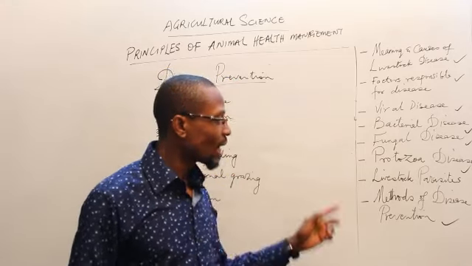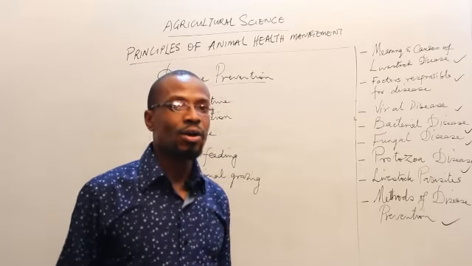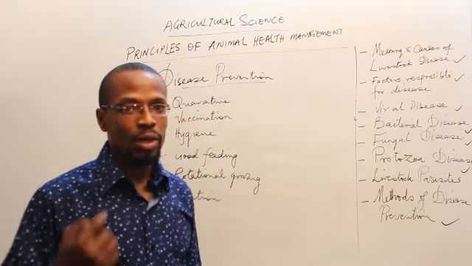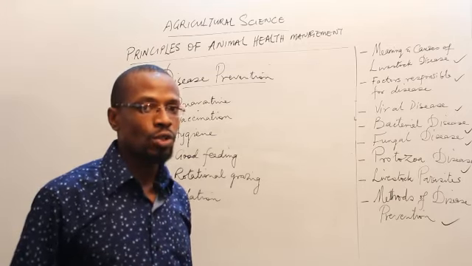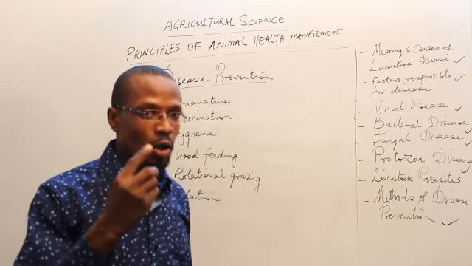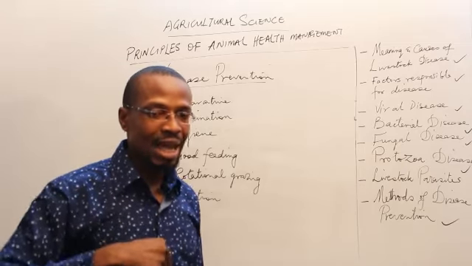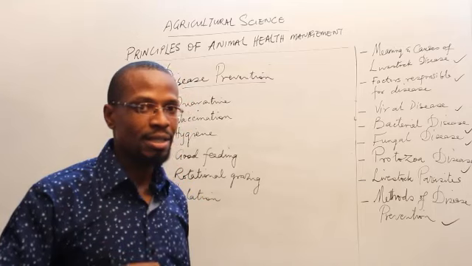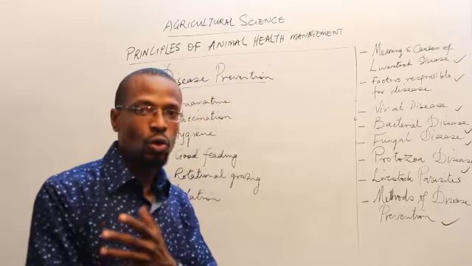And then we looked at livestock parasites, and we said that parasites are organisms that live inside the host or outside the host. Two things: organism, host. The organism that lives inside the host is called endoparasite, while the one that lives on the host is called ectoparasite.